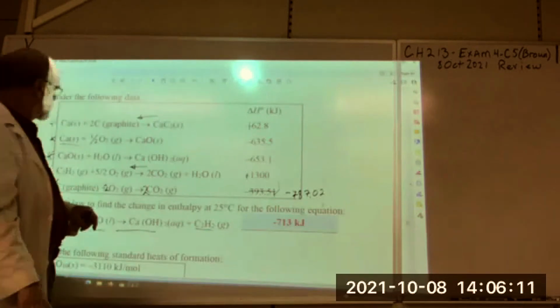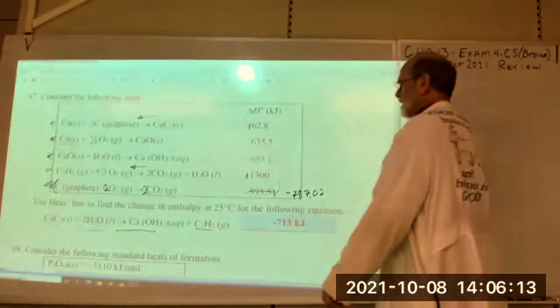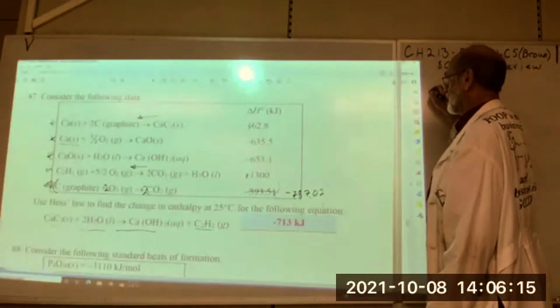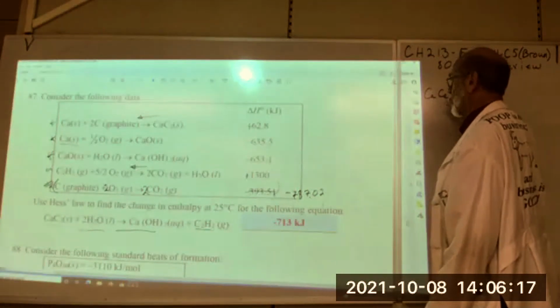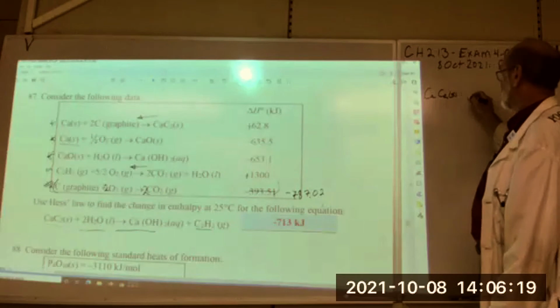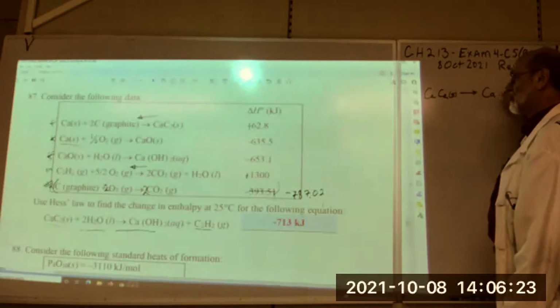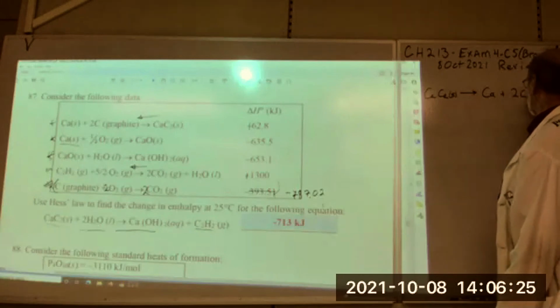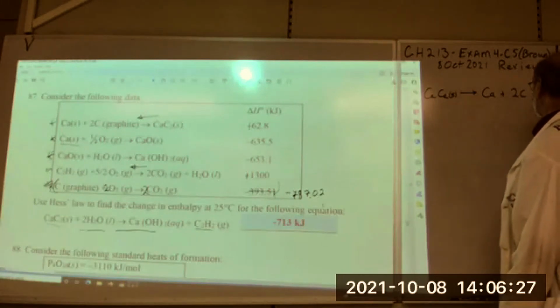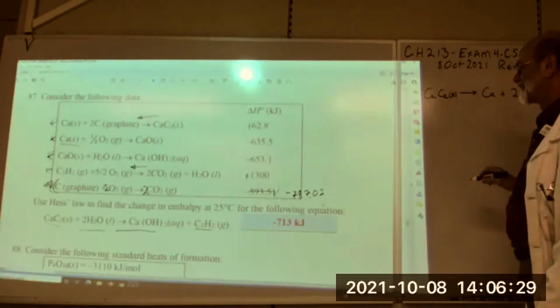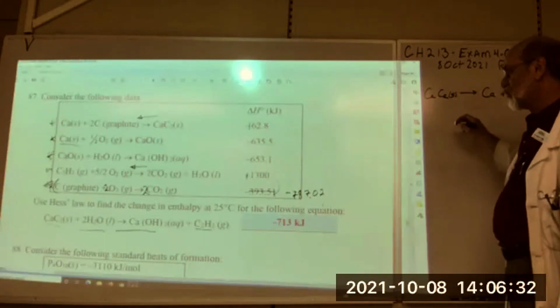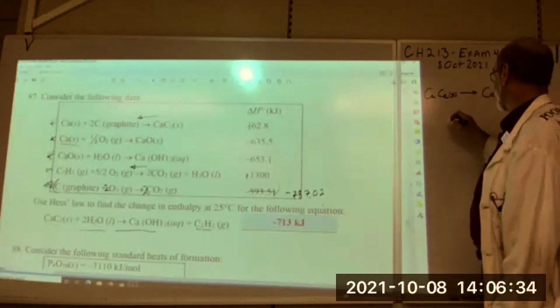Okay, I'm going to have to start writing some of these out. That first one is going to look like this. Calcium carbide, solid, yields calcium plus 2 graphite. And the second one is going to be as is.